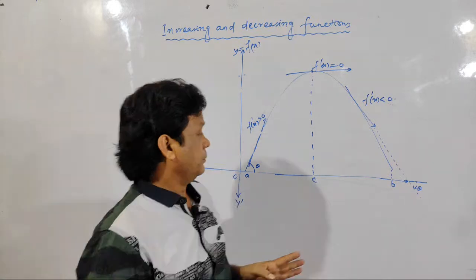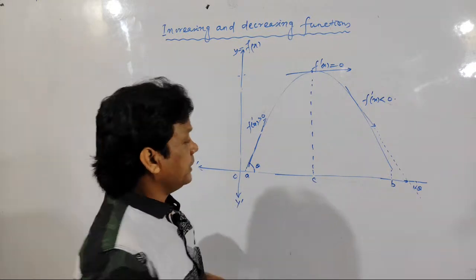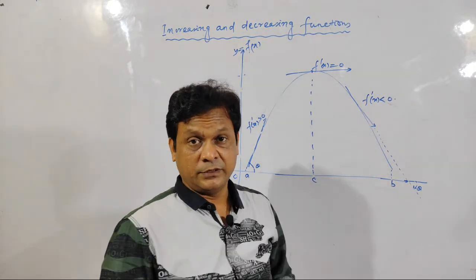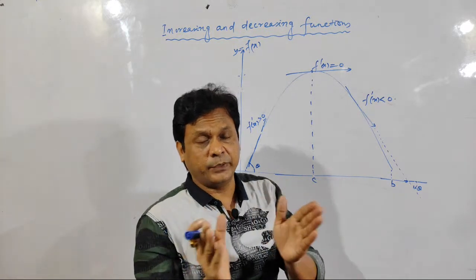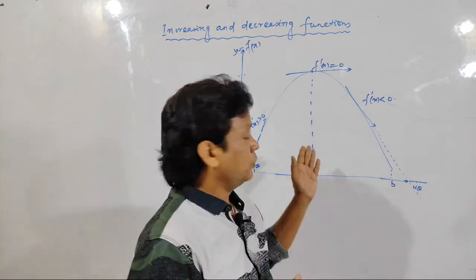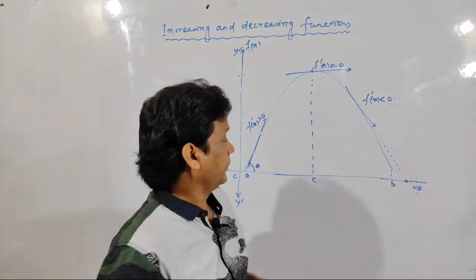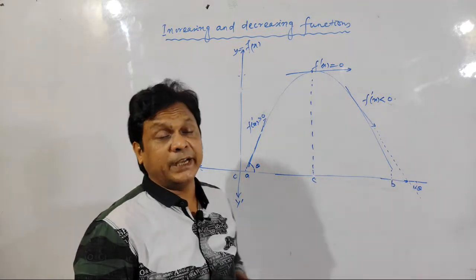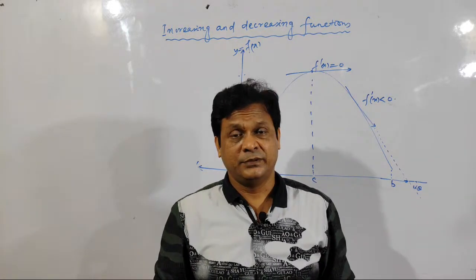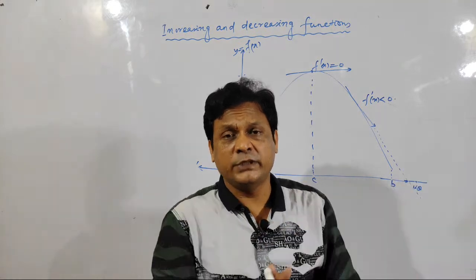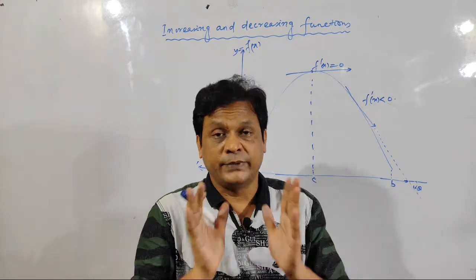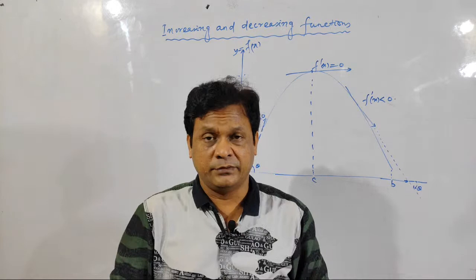Clear? So now the point is, if I say find the intervals, while solving the problem I will tell you the detailed steps, and those cases I am telling you now. If I ask you to find the intervals in which the graph is increasing and the intervals in which the graph is decreasing, first of all you have to find the derivative.